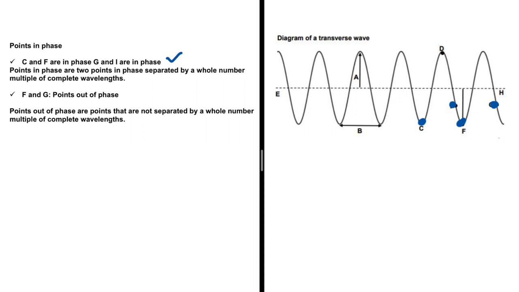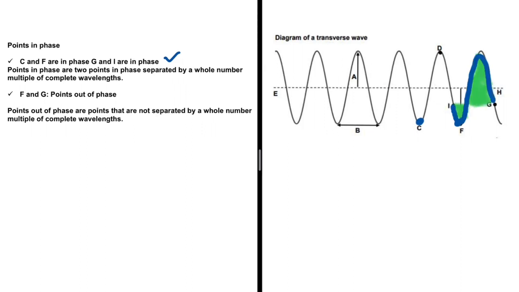I want you to realize something. Between C and F, there is one wavelength. And then between G and I, there's also one wavelength, because here we have somewhat a third of a cycle, and here we have the rest. Between I and G, we have one complete wavelength.